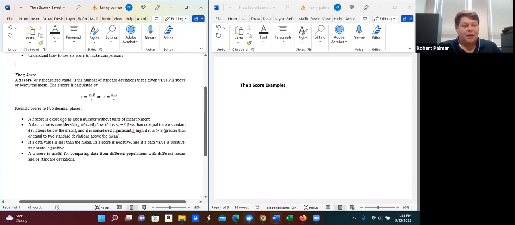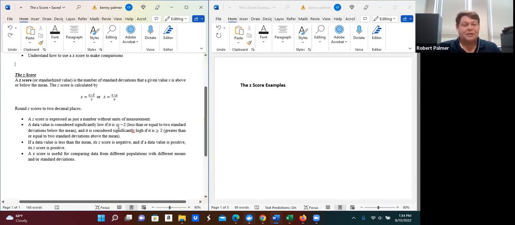Now, a data value is considered significantly low relative to the mean if its z-score is less than or equal to -2, and significantly high if it's greater than or equal to 2. So if it's 2 or more standard deviations above or below the mean, it's considered an extreme value.